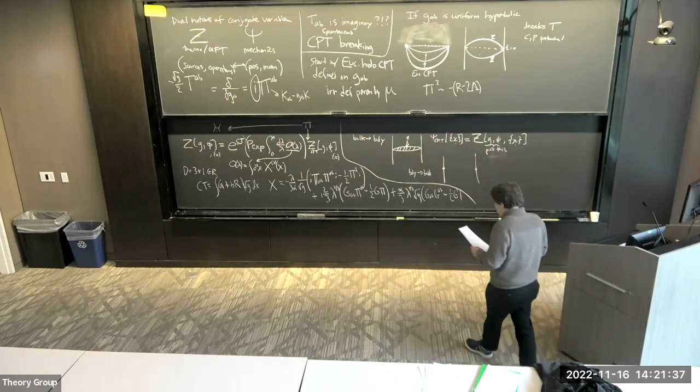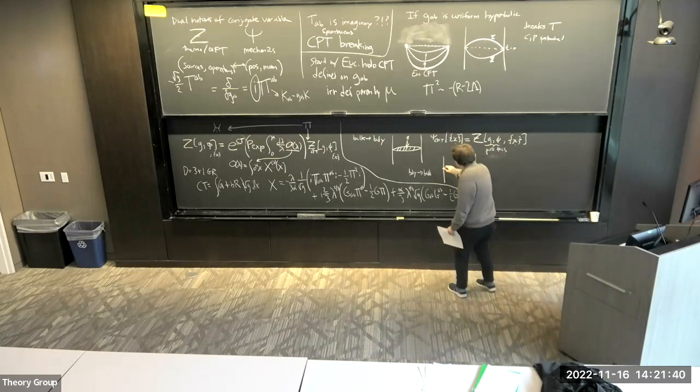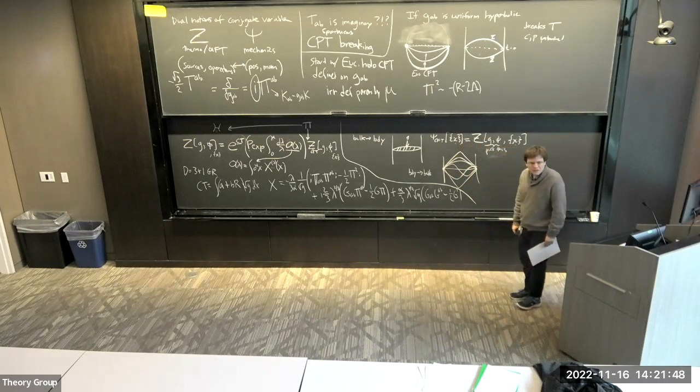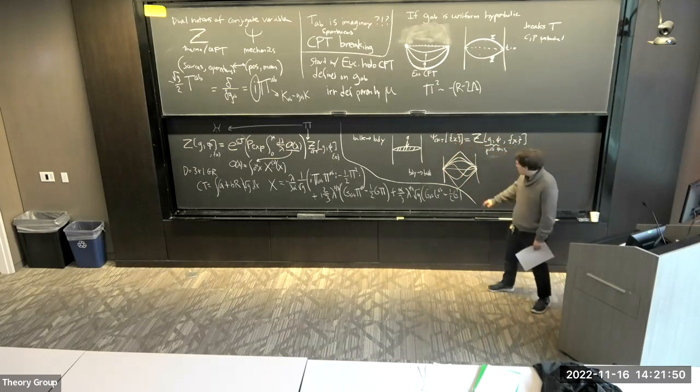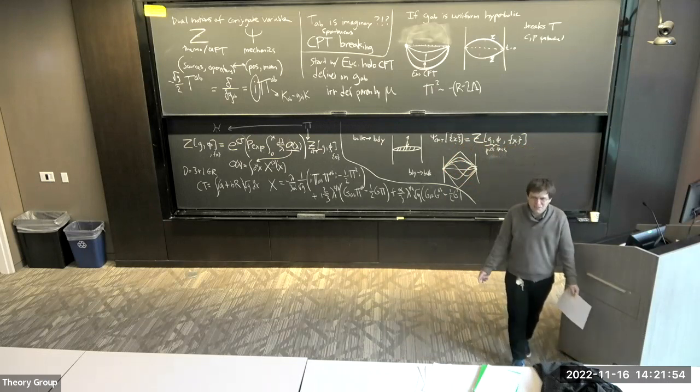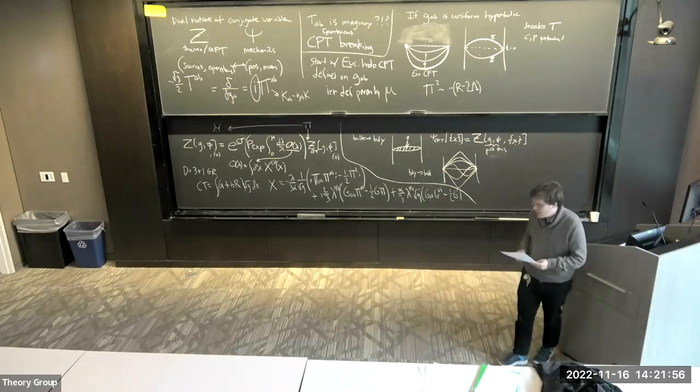So a Cauchy slice here is equally good as a Cauchy slice here. There are all sorts of Cauchy slices in this Wheeler-DeWitt patch, so I can't get something that just tells me one of these. I can get a wave function that's like a superposition of all of these. And that's what happens.